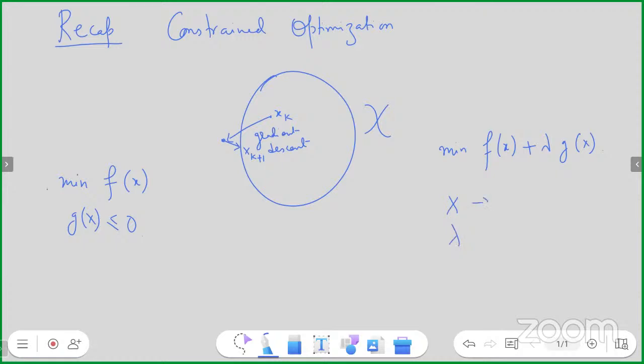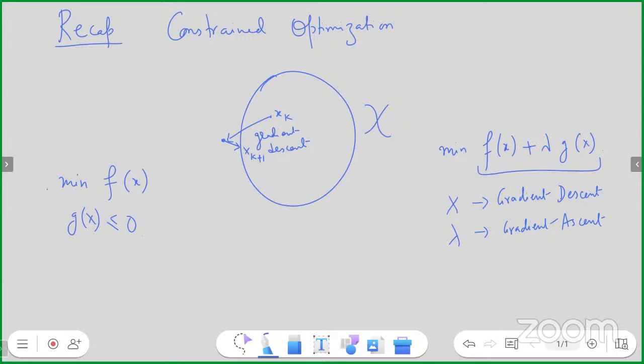For x, you do gradient descent. For lambda, you do gradient ascent, on exactly this Lagrangian. This is nothing but the Lagrangian.